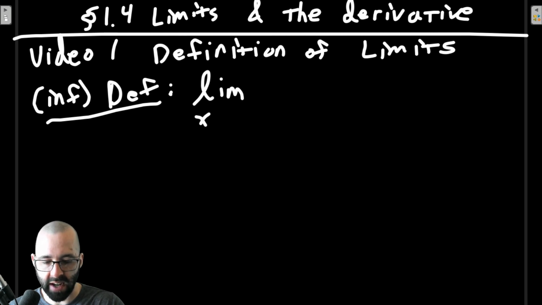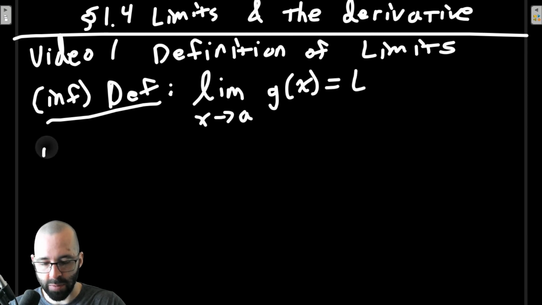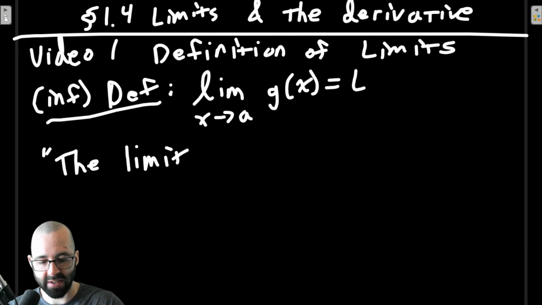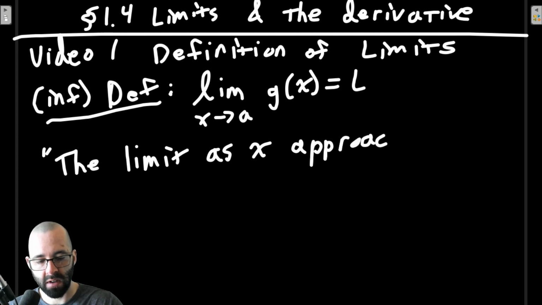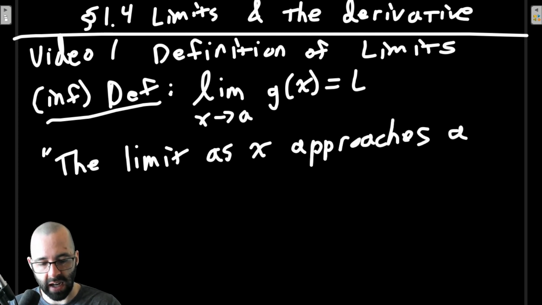The limit as x approaches a of g of x equals L is pronounced the limit, well, just like I did pronounce it, the limit as x approaches a of g of x.